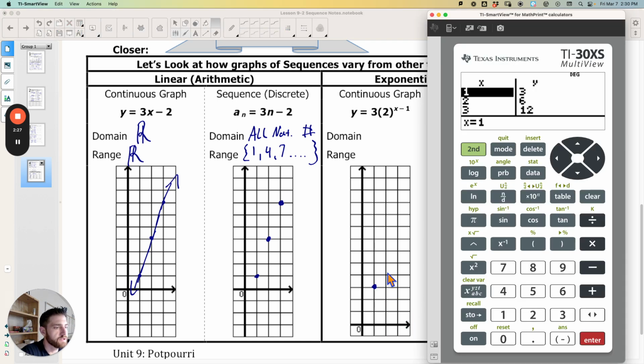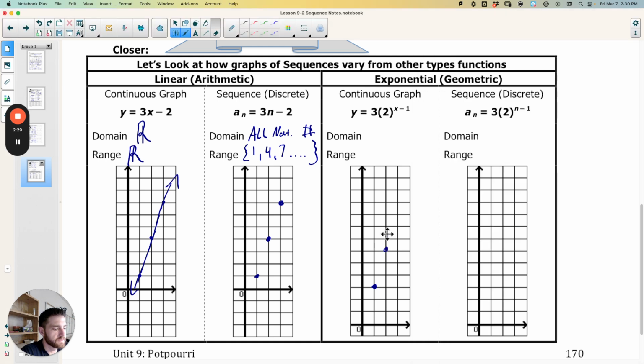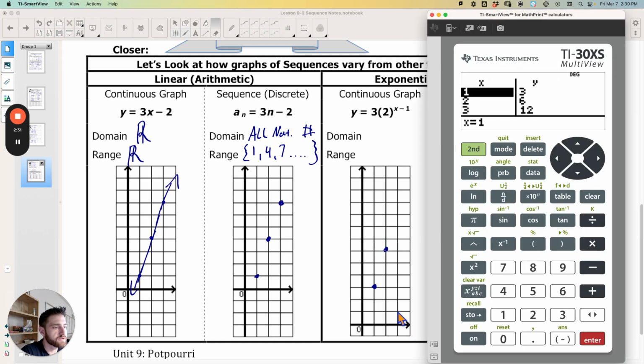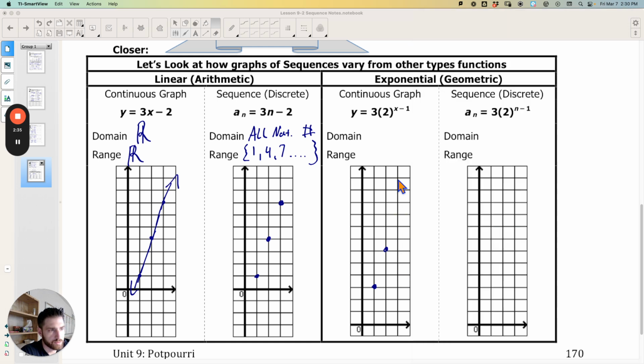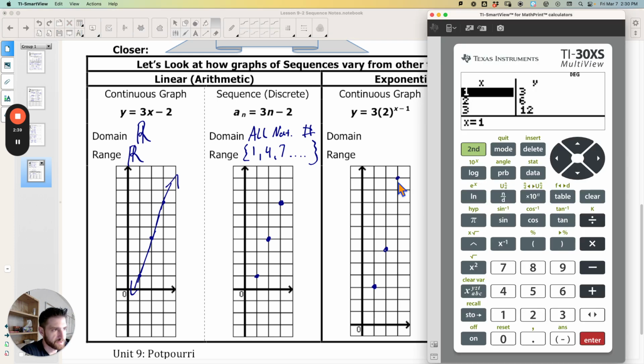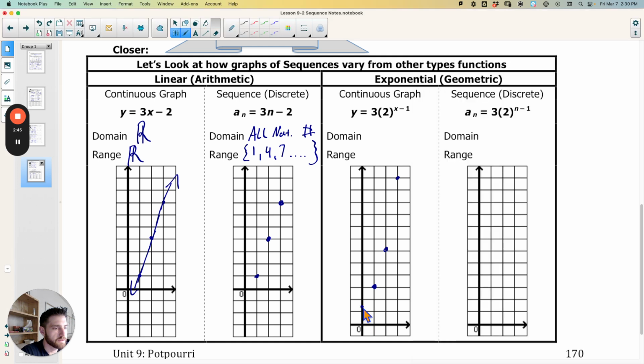At 3 we get 12. You can see that you're starting to get that little exponential curve there. I'll go one more this way, so 0, 3 over 2. That's about right here. Okay, and so you would graph this and connect these dots here.